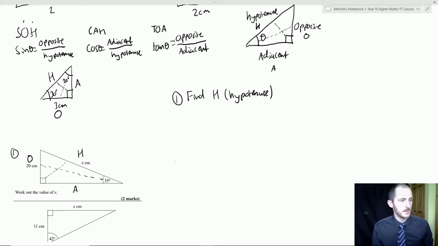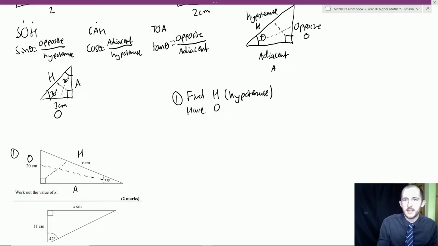So in terms of how we do that, we look up here at our SOHCAHTOA, and we look at what we have and what we want. So we want to find h, and we have O, which means we want to use O and H. So which one of these three has O and H in it? Well, it's SOH.